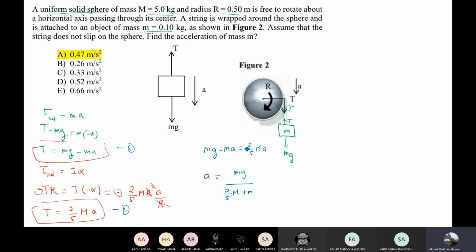Small m is the mass of the small particle, and capital M is the mass of the solid sphere. Substitute 0.1 times 9.8 over 2 over 5 times capital M, which is 5, plus 0.1, and this will give 0.47, or 0.46.